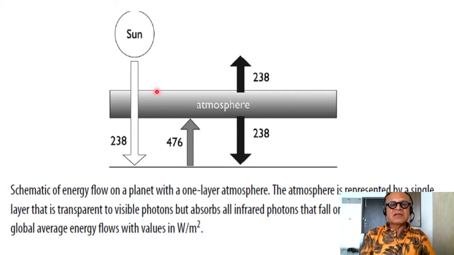So even though total energy received is only 238 watts per meter squared, we have created a warm blanket which is increasing internally the amount of energy bouncing around to 476, right? Obviously we saw that this gives us very warm temperatures, 33 degrees centigrade.